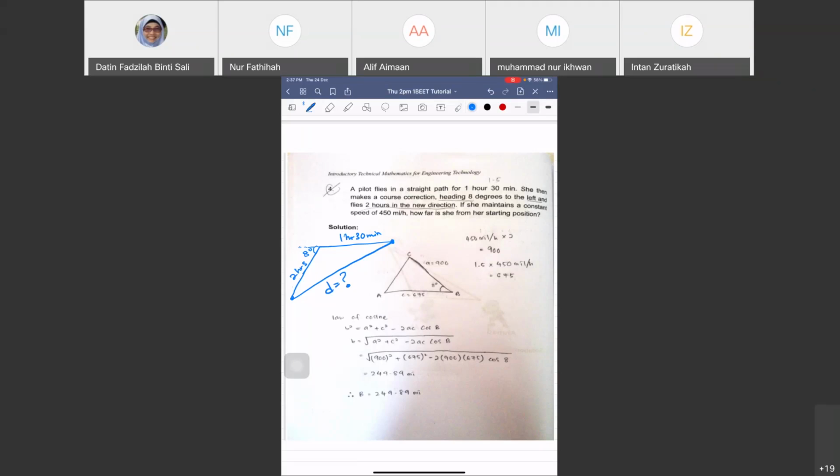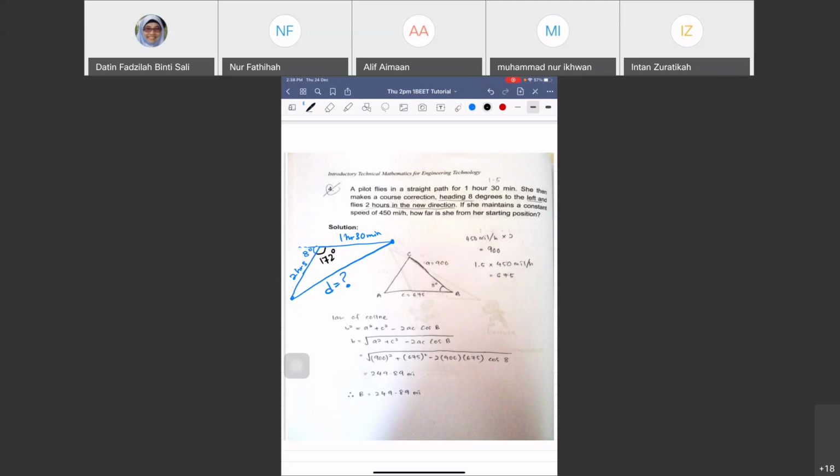And what you can find also is the angle here. That's the angle, because this is 8 degrees here, and this is a straight line, so that will give you 172 degrees.